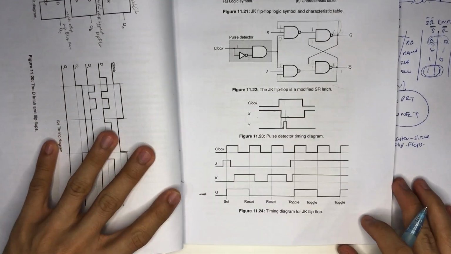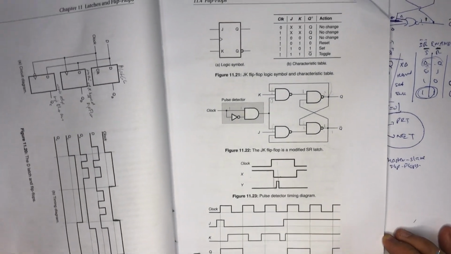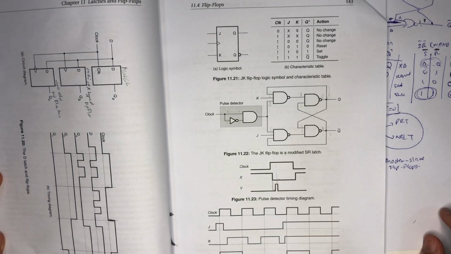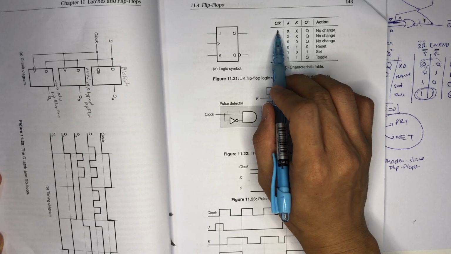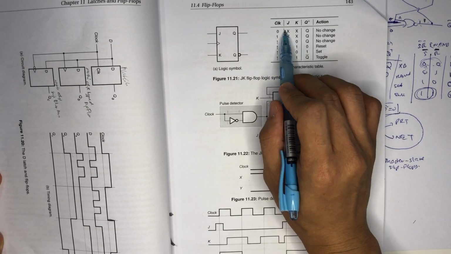So you see the JK flip-flop, what is the famous function that differentiates it? It has a toggle function compared to the SR latch. If you have a 0 here for the clock, it doesn't care what your J and K are.